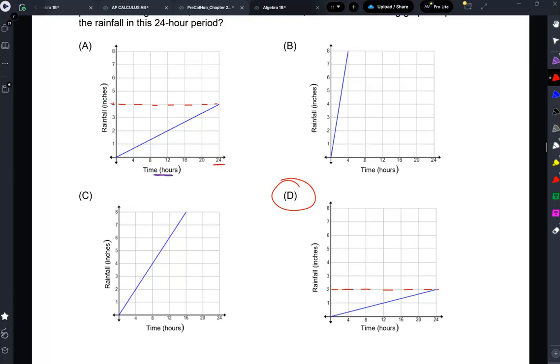So in part C, in reality, 2 inches fell and it took 24 hours for 2 inches to fall. Okay? In part C, how long did it take for 2 inches to fall? Yeah. 4 hours. Okay? How much fell in 24 hours in A? I'm going to call on somebody. Jonathan, how much fell in 24 hours in A?